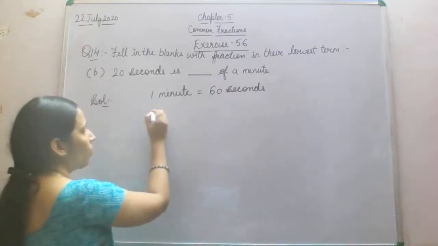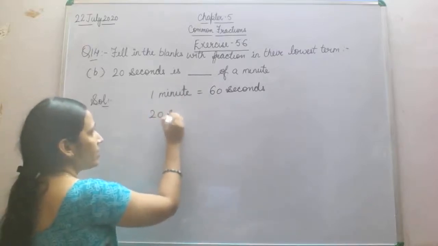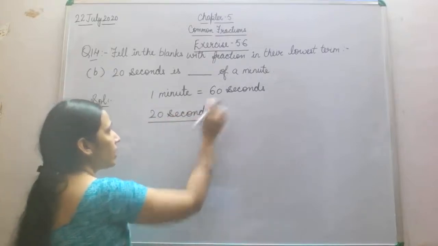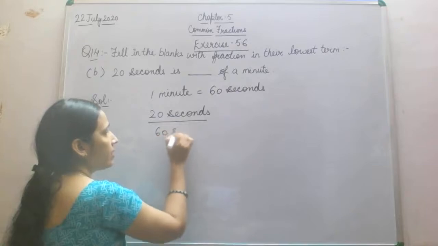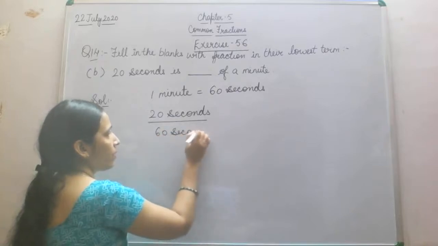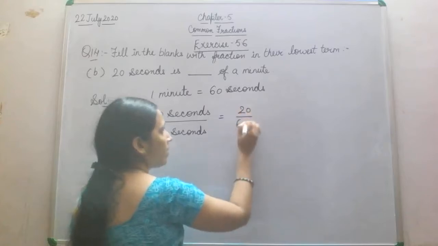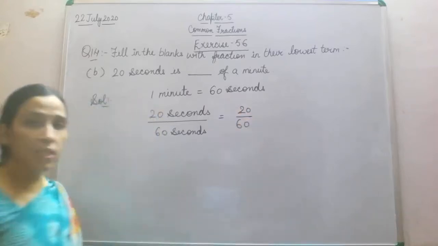It means what we will do, 20 seconds will be divided by the total, that is 60 seconds. Now the next step will be 20 divided by 60. Now you can do this division.